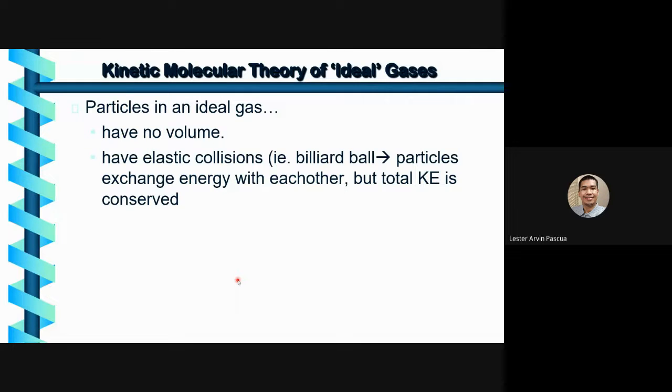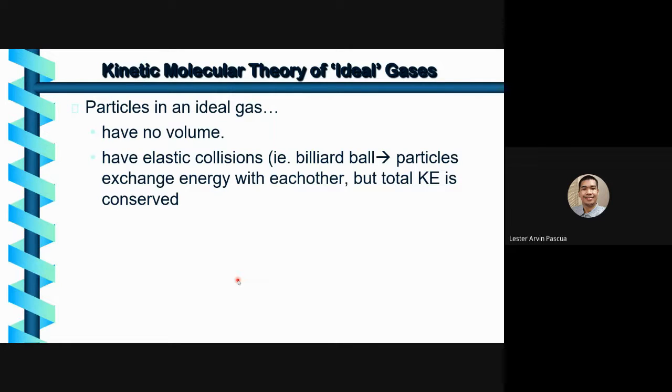So to understand yung gases, what scientists did was to imagine or to think of gases or gas molecules as ideal gas. So anong ibig sabihin ng ideal gas? So ang ideal gas, when we refer to it, ito yung ginamit na model.